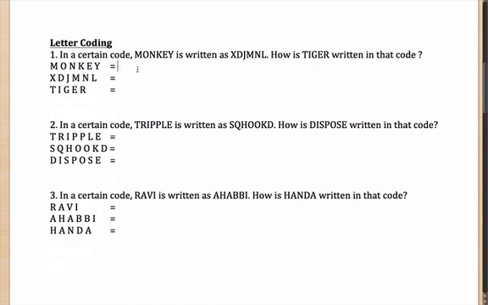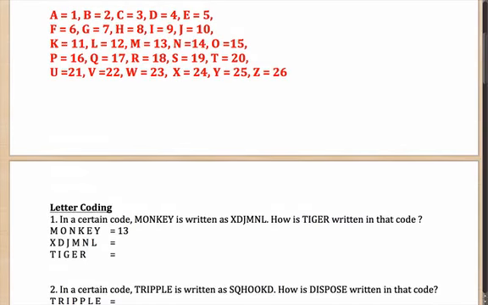First of all, I need to figure out the number code for monkey. Now, M I know is 13. How much is O? I'll have to keep referring back. So O is 15, N is 14, K is 11, E I can see from here is 5, and Y I know is 25.